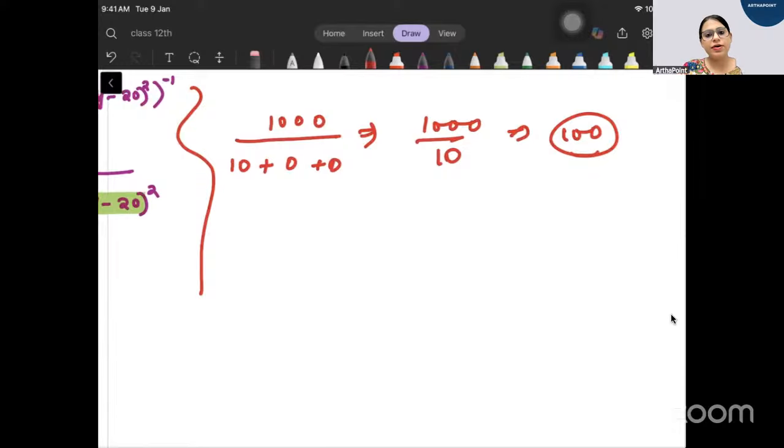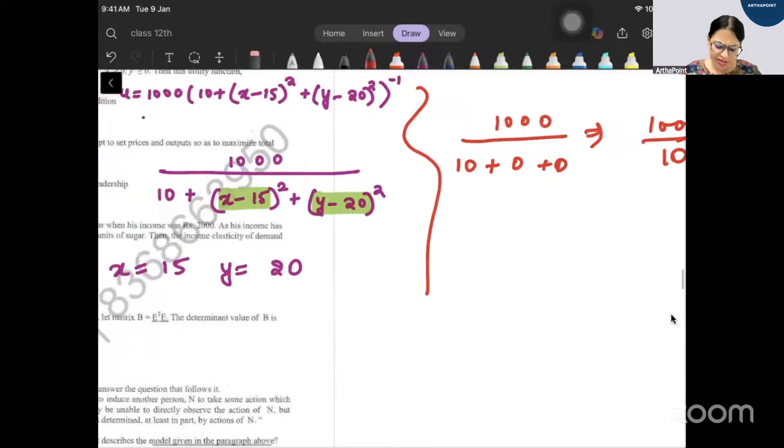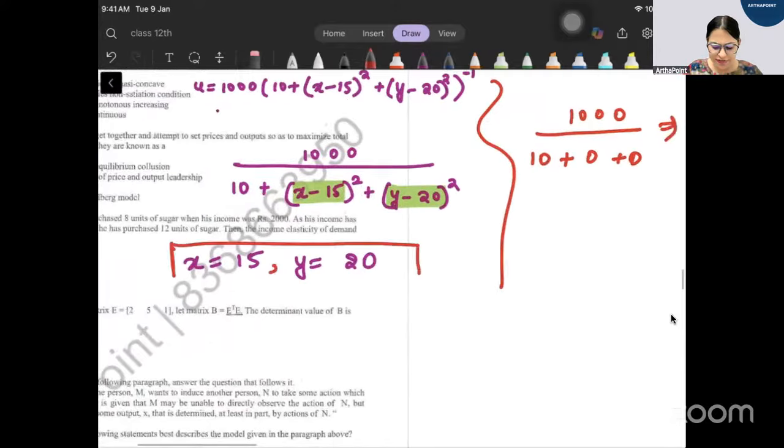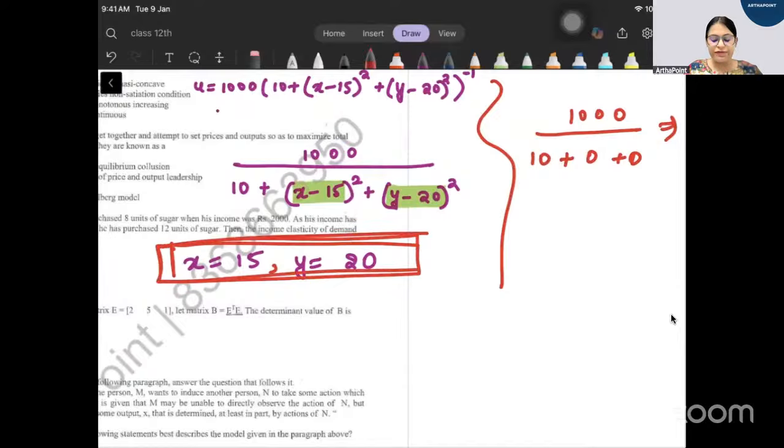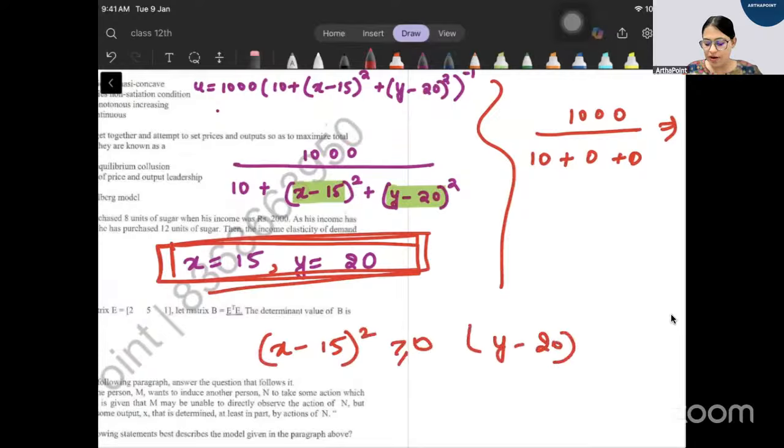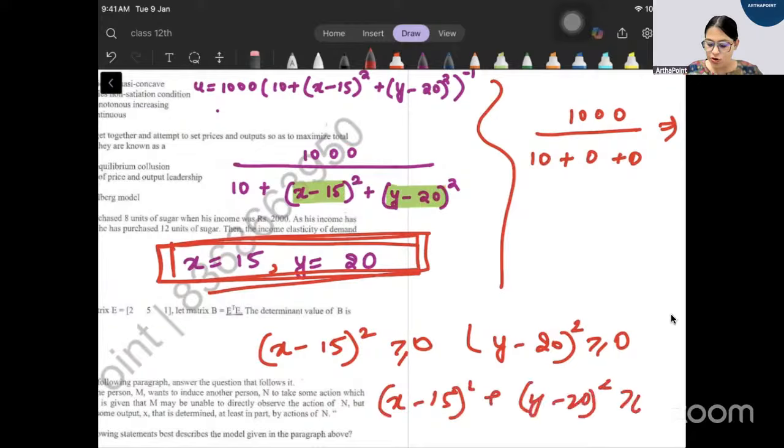And you will notice that whenever you deviate from the point (15, 20), we know that x minus 15 whole square will be greater than or equal to 0, and y minus 20 whole square will be greater than or equal to 0. So the sum will also be greater than or equal to 0 because it is a square term.